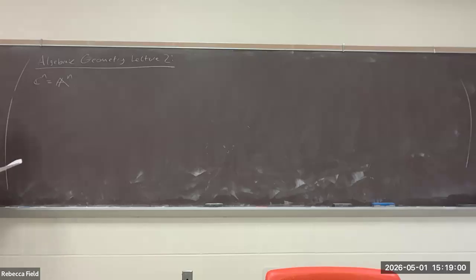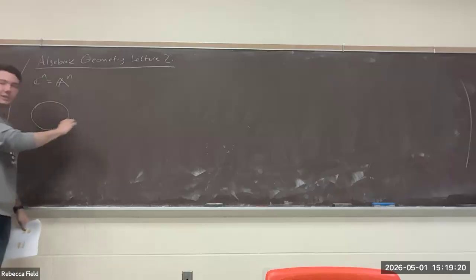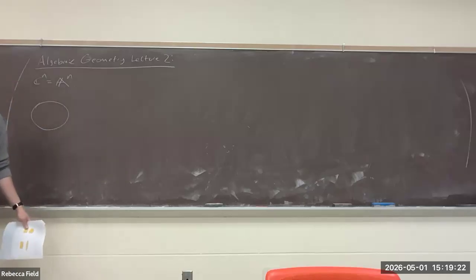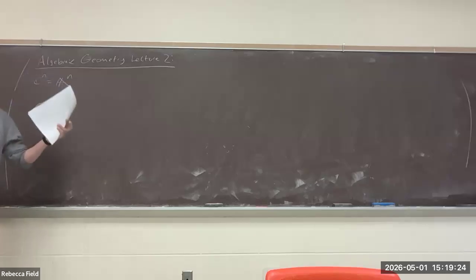We're going to want to think of affine space as like a vector space over C, but it doesn't preserve anything under linear transformation. What I mean by this is, if we have a circle up to affine equivalence, any linear transformation of the equation of a circle is still a circle.